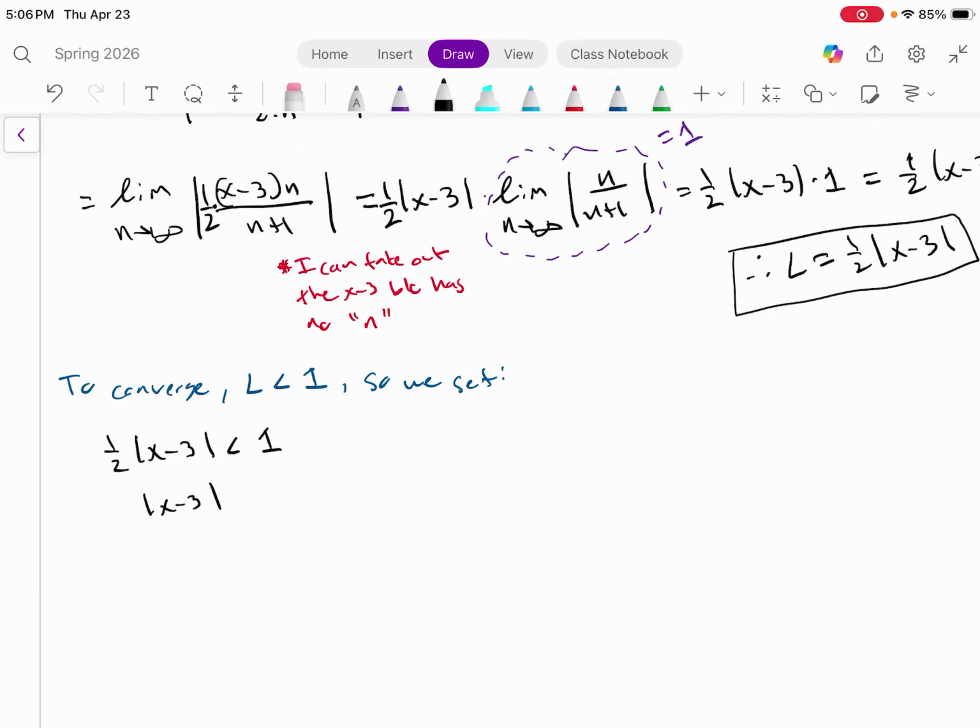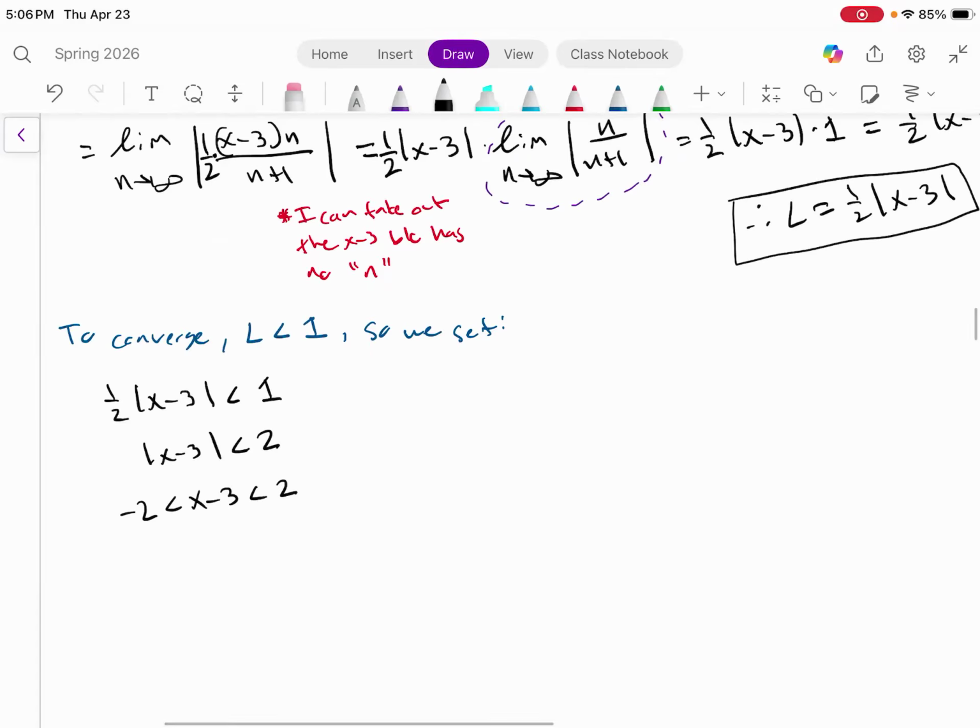So x minus 3 less than 2. We're going to drop the absolute value. So it'll be x minus 3 greater than -2, less than 2. And we're going to add 3 to both sides. And we'll have x less than 5 and x greater than 1.